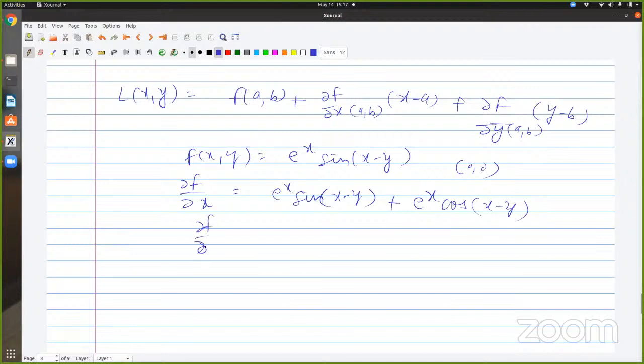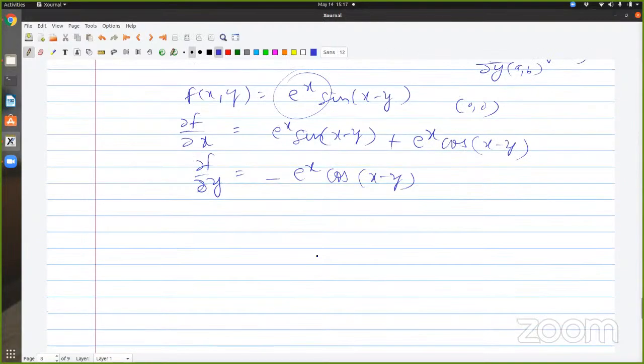Dou f by dou y: with respect to y, e to the x becomes constant, and then it is e to the x cos of x minus y, with x constant, times the derivative of x minus y with respect to y, which is minus 1. So this will be your dou f by dou y. I hope you got the same values. Now dou f by dou x at 0 comma 0 will be e to the 0 which is 1, times cos 0 which is 1, plus sine 0 which is 0, so it should be 1.